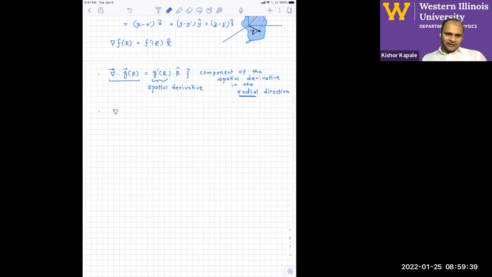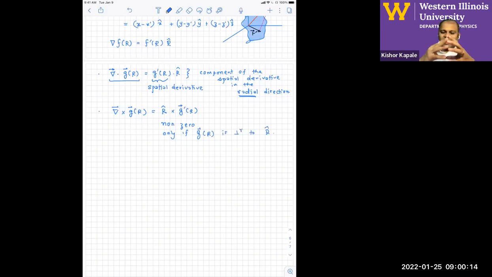Similarly, the curl is going to be, again, g is the one that's a vector, r is not, r hat crossed with g prime of r. And this quantity will be non-zero only if g prime of r is perpendicular to r hat, right?